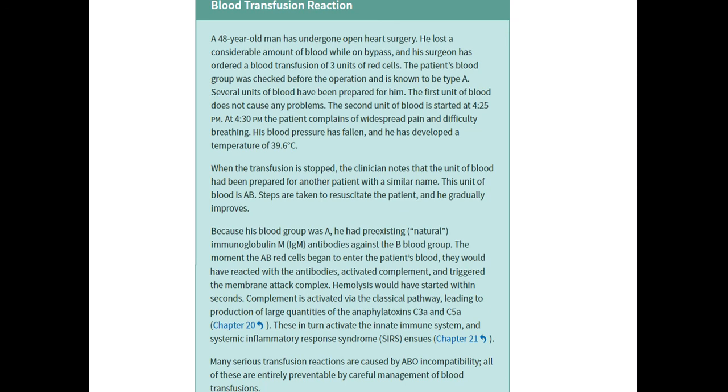After that, hydrate as soon as possible, and watch for signs of systemic inflammatory syndrome, where massive red blood cell hemolysis has taken place.